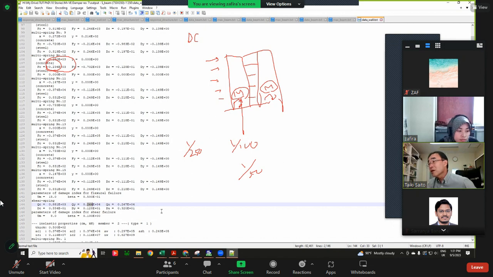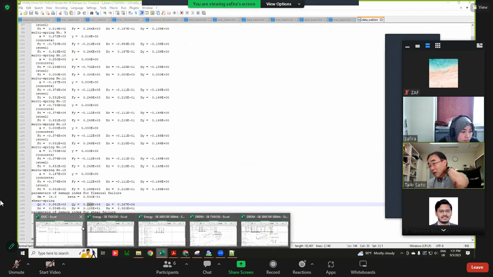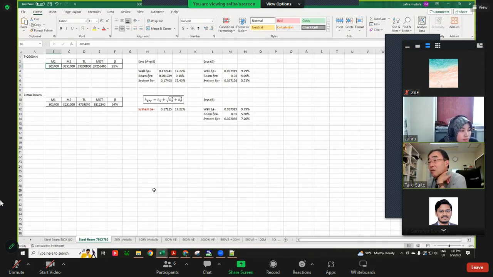Could you show me the data again? Coupling ratio. Well, you are talking about which one? This one? Yes. And so this is how much target displacement? 1/250. Do we have a result of another pushover?